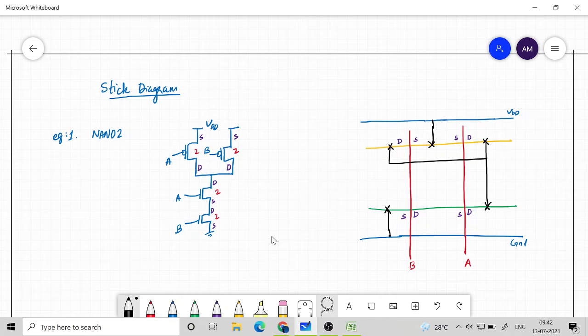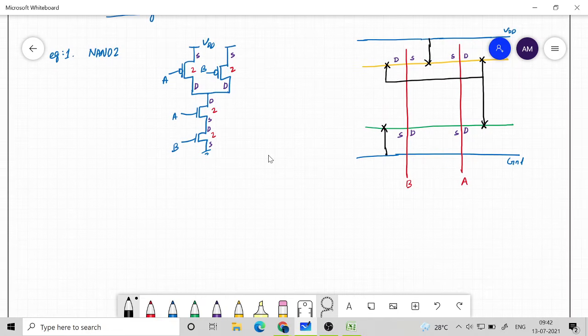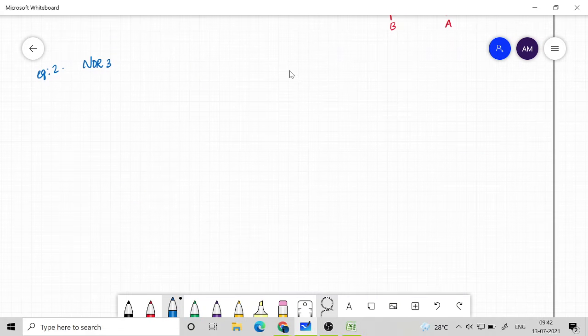So let's take another example. Example 2. Let's say NOR 3. So first draw the circuit diagram of NOR 3. In NOR 3, all the NMOSes are in parallel.